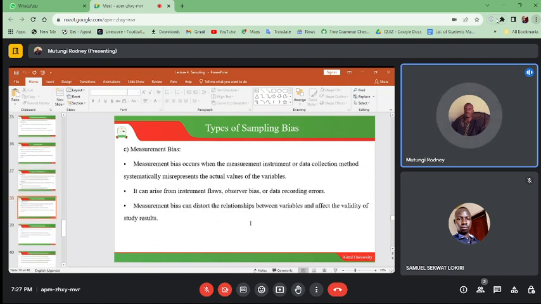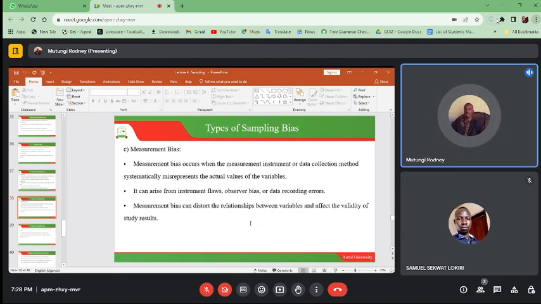The other one is measurement bias, whereby the data collection method, like we saw the other time, whether it is a survey, observation, or an interview, whatever you are using can be not accurate enough to represent actual values.